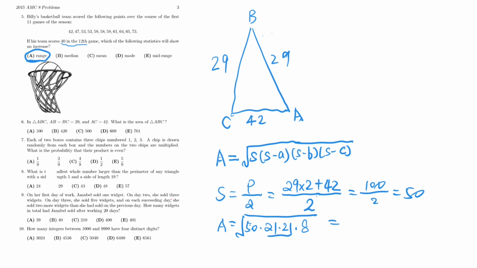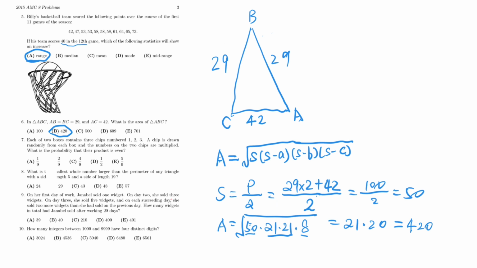So 21 squared, times 50 times 8, that's 400. The square root of 400 is 20. So the total area is 420. That's answer B.